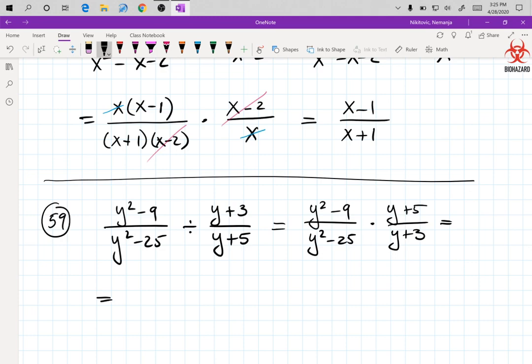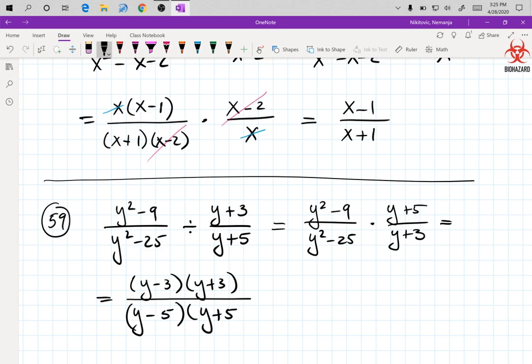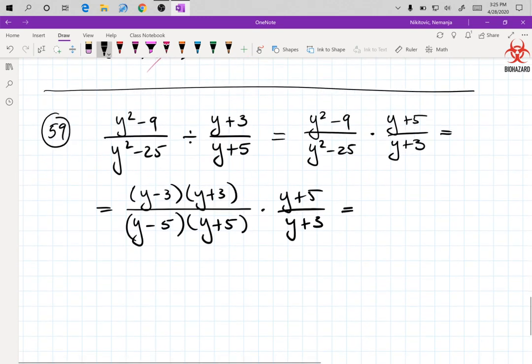And then we cancel. So y minus 3, y plus 3, y minus 5, y plus 5. And then we have times y plus 5 over y plus 3. So we had 2 special factoring over here, right?